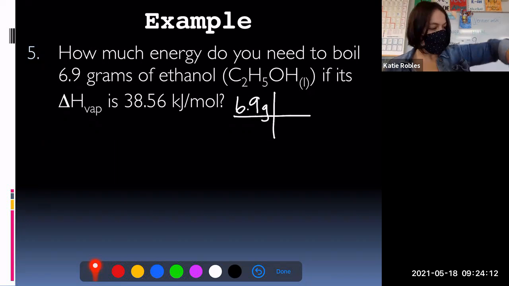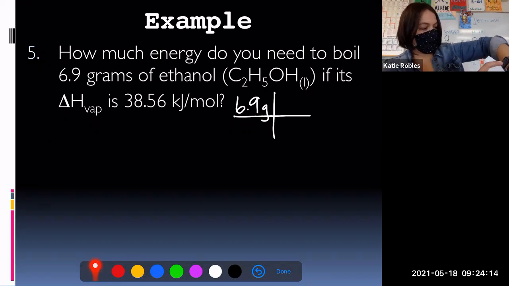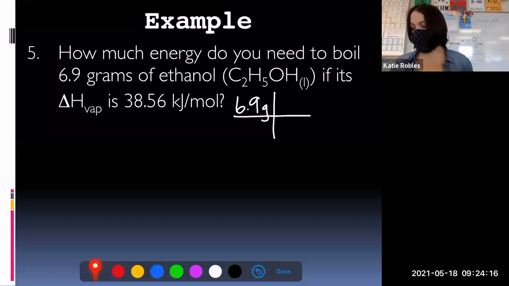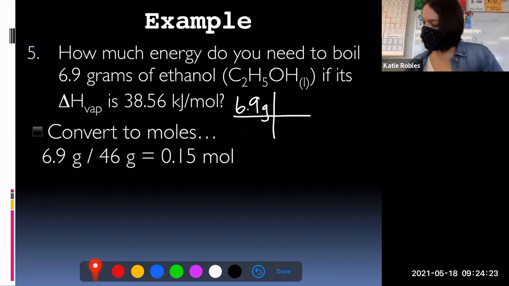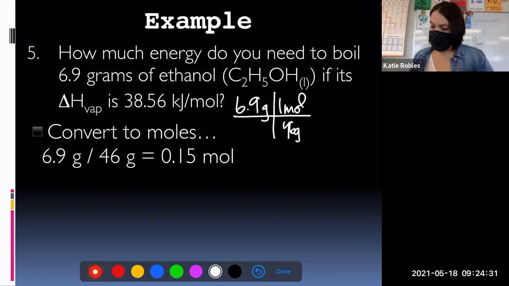Here's what I found. So she found the molar mass for me on my watch. You can do that if you've given up at this point. 46 grams per 1 mole.